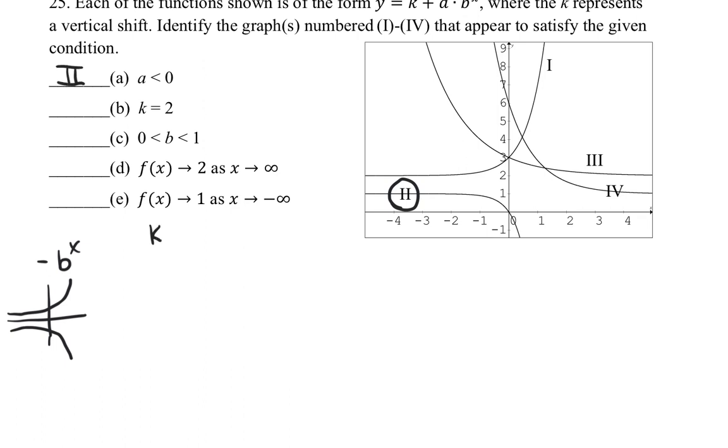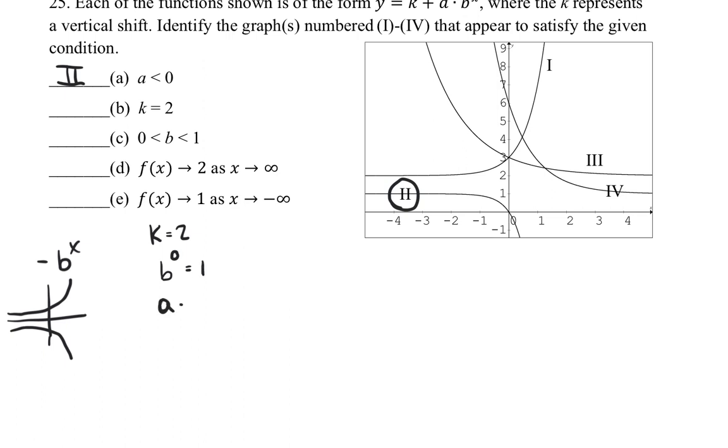K is equal to 2. So that means we moved up 2. Our standard graph starts at whatever A is, because whenever we have B to the 0, that equals 1.